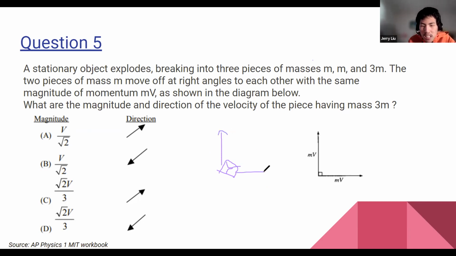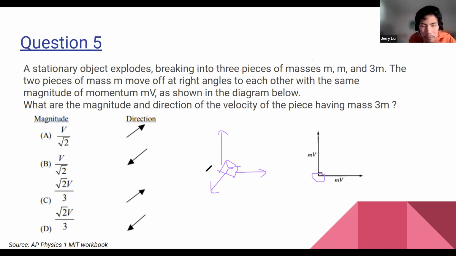So since there's no impulse here, these vectors have to add to 0, because before the object exploded, there was no vector, it's 0. So the vectors at the end must add to 0.